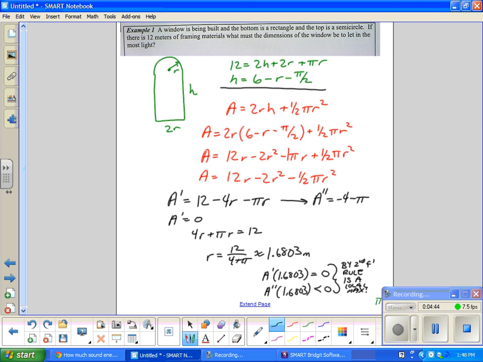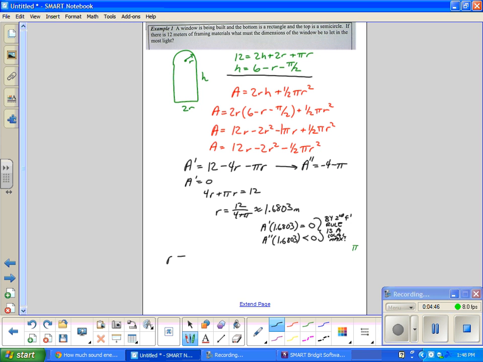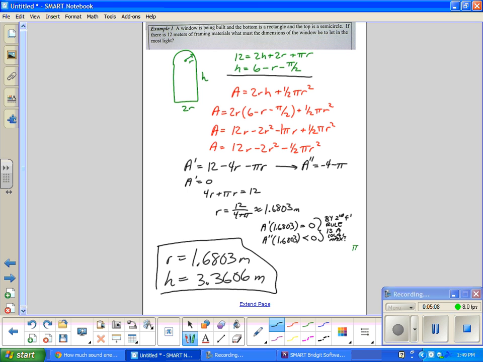So I find that the radius is going to be 1.6803 meters, and the height, when you use the equation, comes out to be 3.3606 meters. And that would be the window we construct for having 12 meters of framing material.